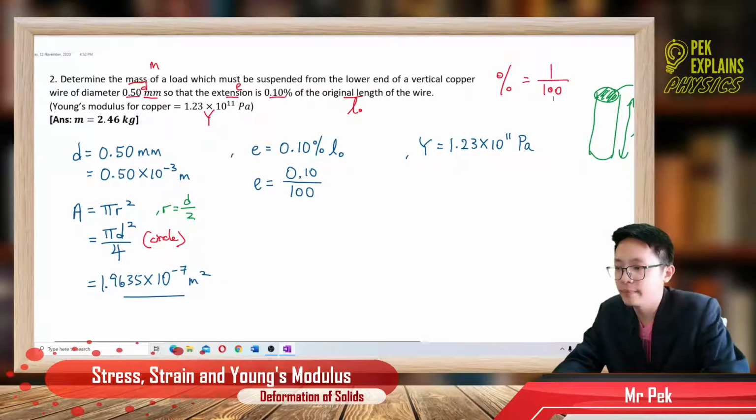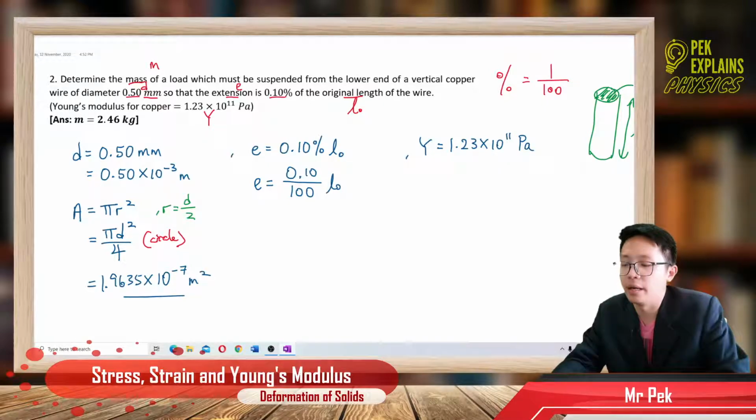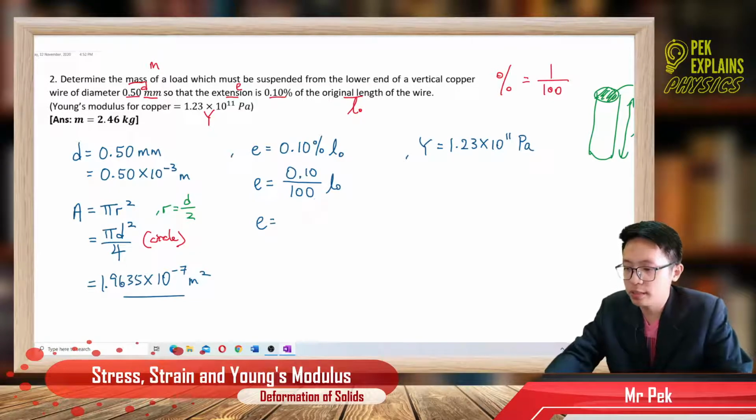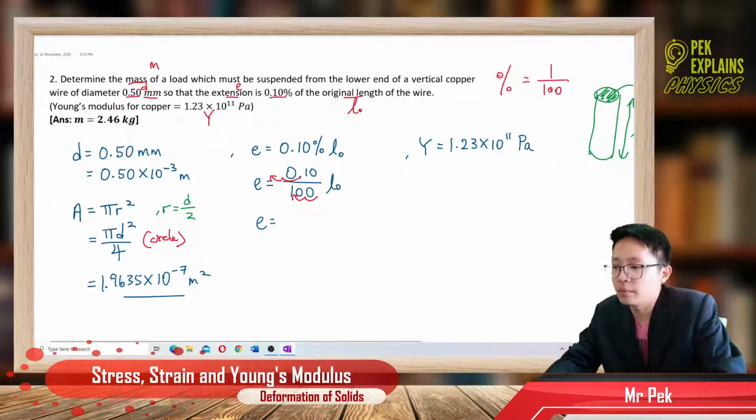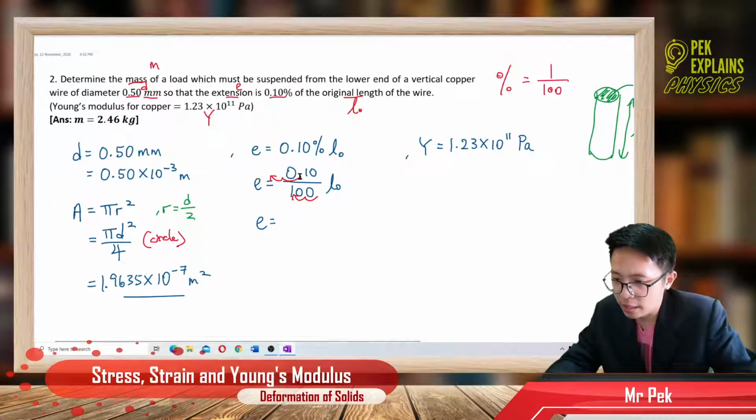Like that. Yeah. So 0.1 divided by 100 L0. That means what? Divide by 100. That means we go two spaces. Okay, we go one space, two. The top also one, two. That means over here, so that means it becomes, add another 0 here.